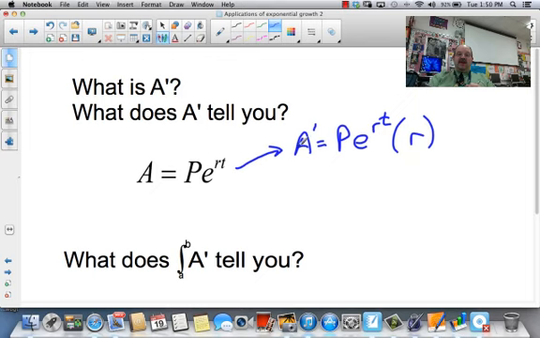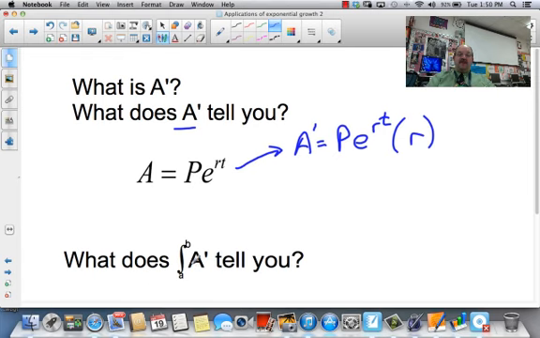So A prime is P e to the rt times r. Now, strike that, reverse it. r is the derivative of rt. I remember that now. So it tells you how fast your money's growing at any particular time. If we wanted to know how fast the money was growing 3 years out, we plug 3 in with all the other information. If we want to know 5 years out, how's it changing at that point?